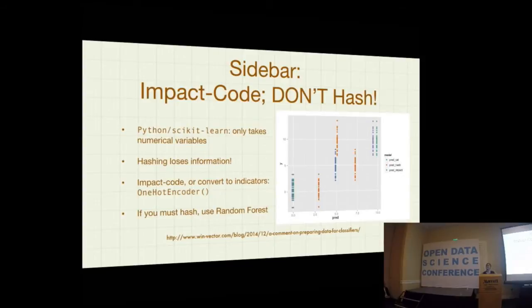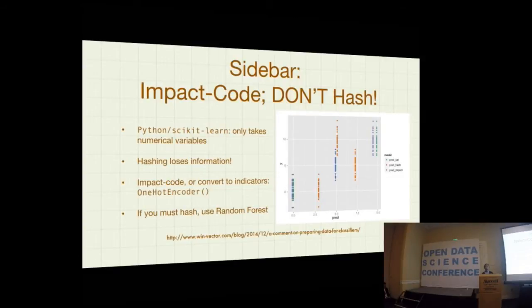And if you're using a machine learning technique that relies on similarity or distance, so for example a linear technique like linear regression, generalized linear regression or logistic regression, or a technique that depends on distance, for example nearest neighbor or SVM with radial basis functions, you're going to get misleading results if you hash.